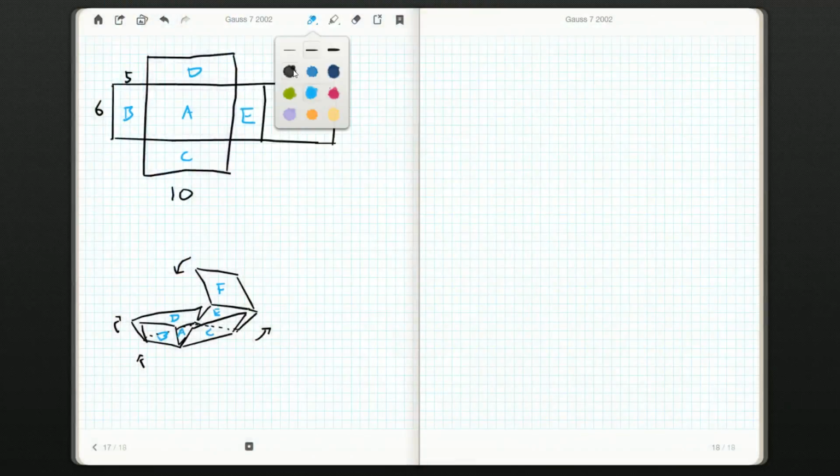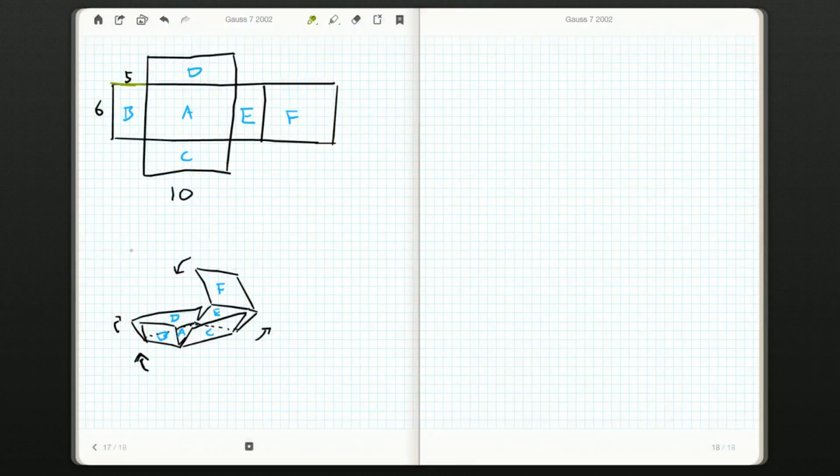But knowing how this fits together and how this forms our rectangular prism, we can tell that certain lengths have to match up. So this length of 5 here with B, we'll make him green.